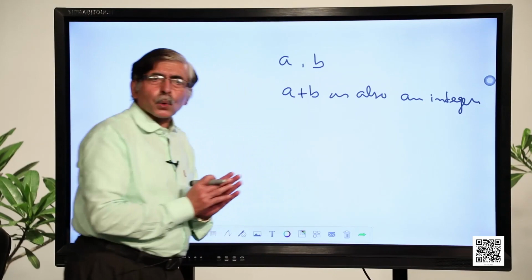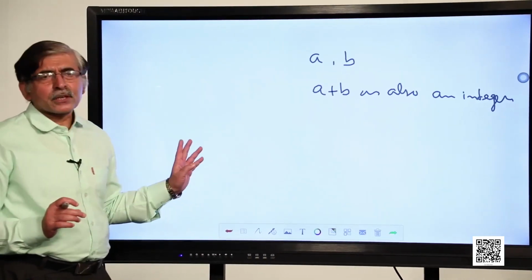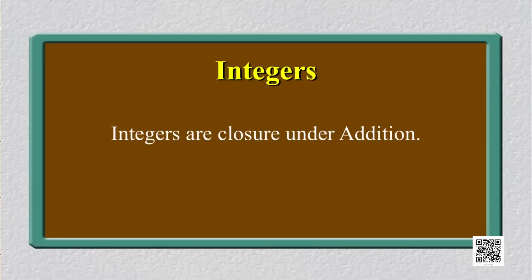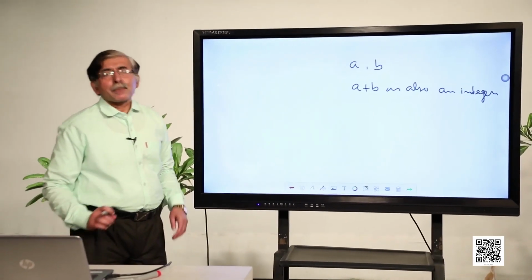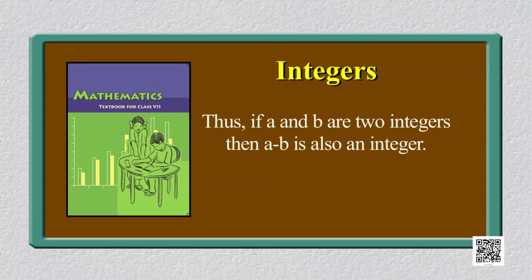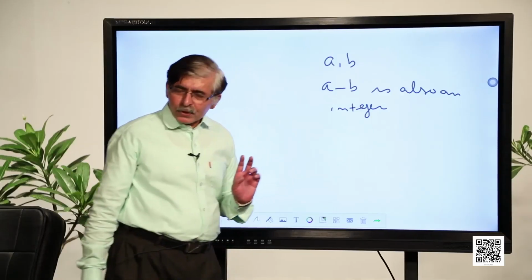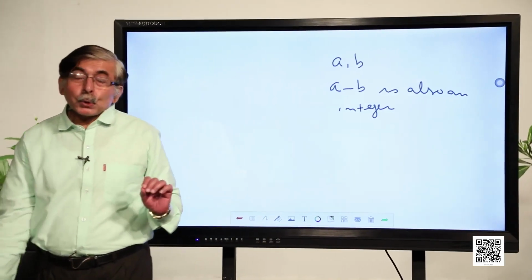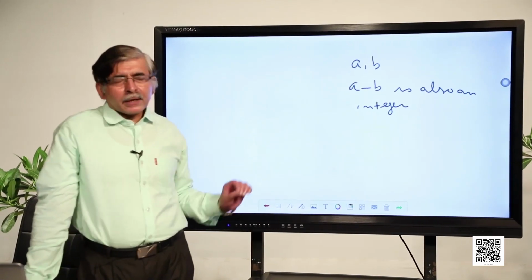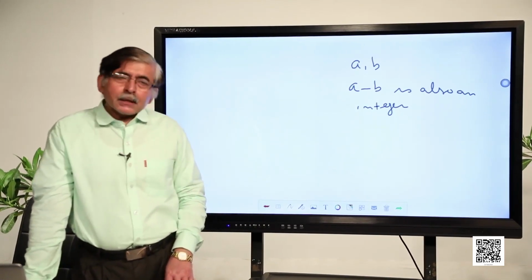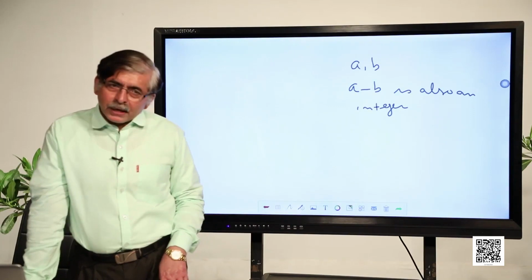If we add, we will get an integer. That is why integers are closed under addition. Similarly, in case of subtraction, A and B being any two integers, if we take the subtraction between them, then we will find that A minus B is also an integer. So, we have seen that with two integers, we can add or subtract, and the result will always be an integer.